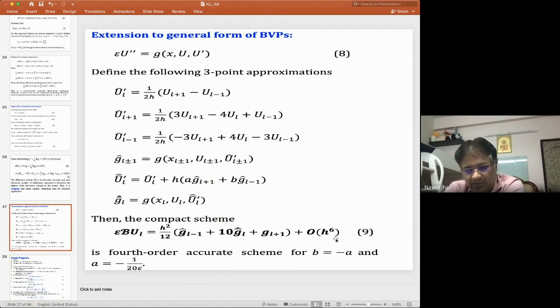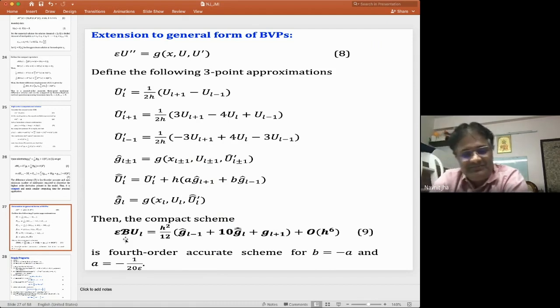I have not written the derivation here because it is exactly the same as what has been done earlier. So we have got as a result a fourth order scheme, because if we divide both sides by h square, the left hand side becomes epsilon into u derivative in the limiting case. That is why I am dividing both sides by h square.